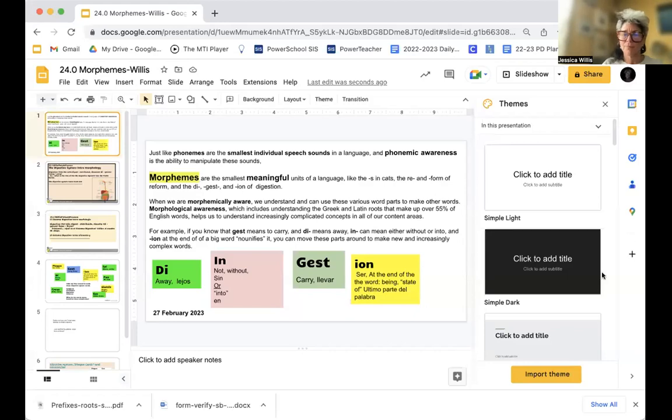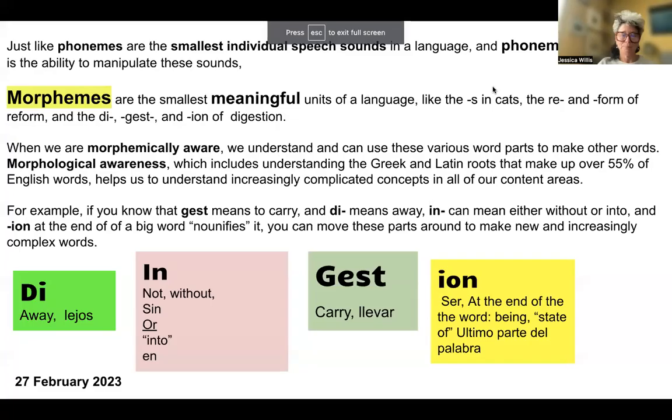So, for example, let me share my screen. Over 55% of words in the English language have Latin and Greek roots, Latin and Greek morphemes, if you will.